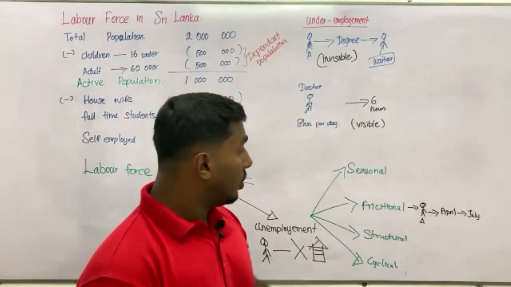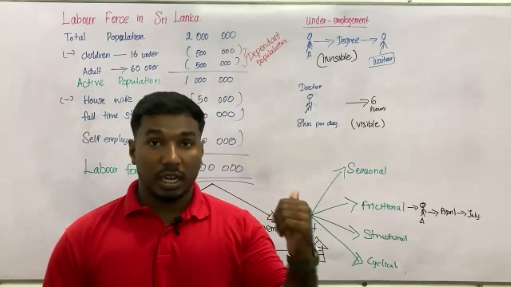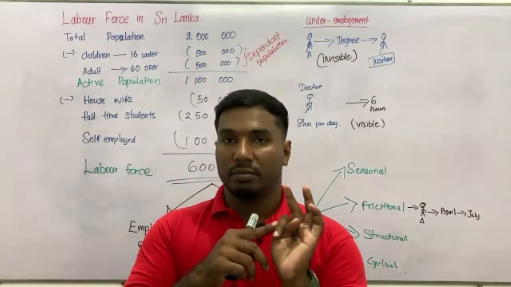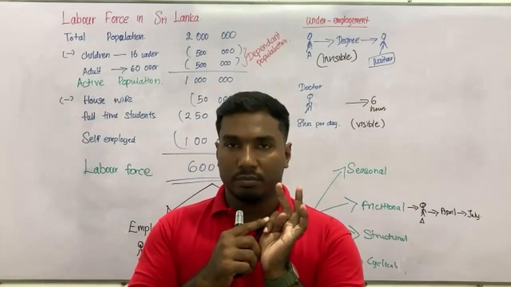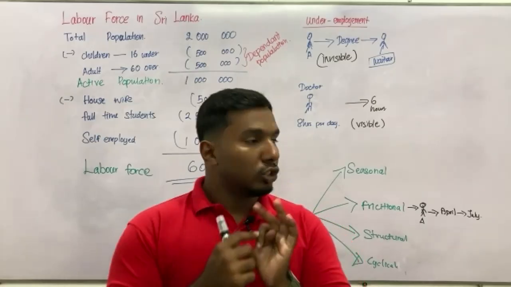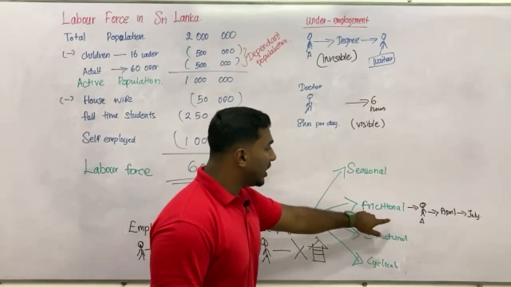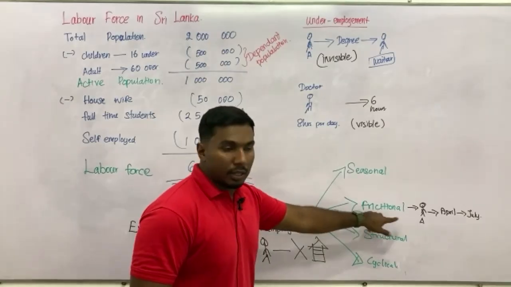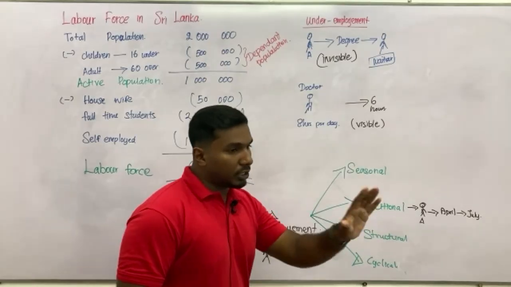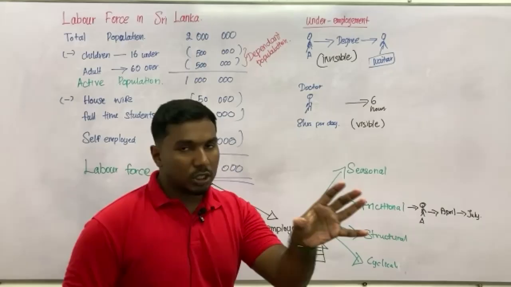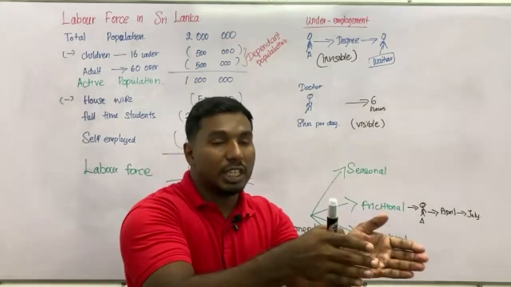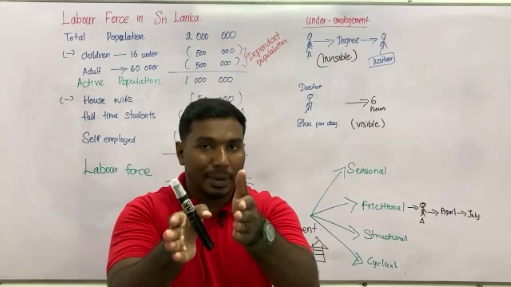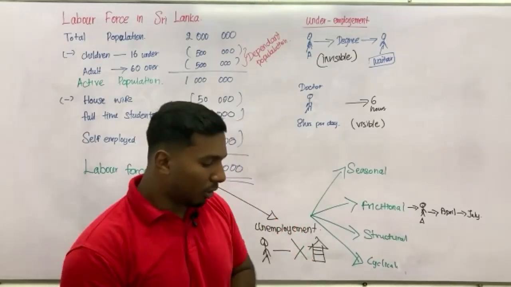So he is not working. He didn't have a job for May and June, right? That is known as frictional unemployment. The person is unemployed until they find a job, switching between jobs. So the gap is known as frictional unemployment.